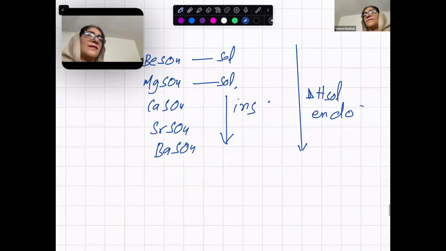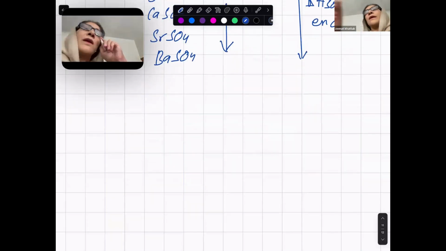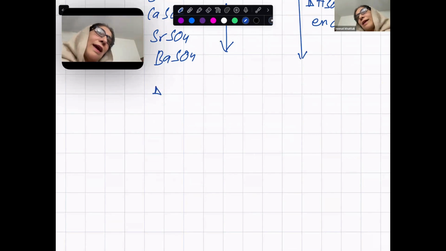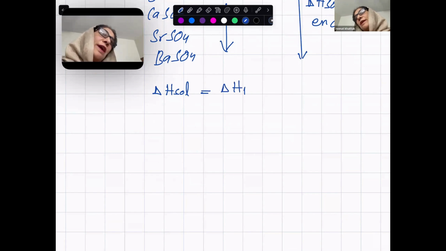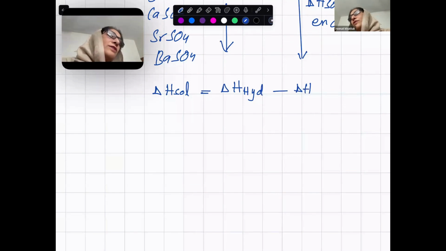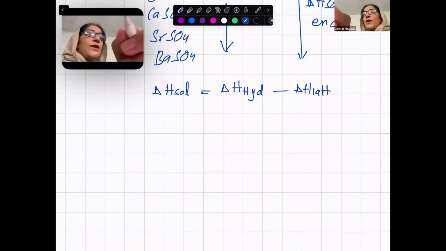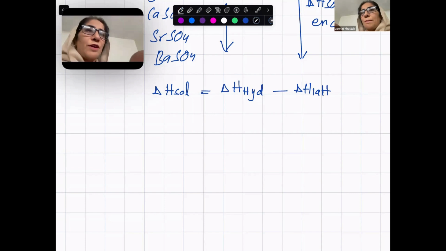Look. Delta H solution, if I make it the subject, the formula becomes delta H hydration minus delta H lattice. Now, suppose I'm using beryllium sulfate.